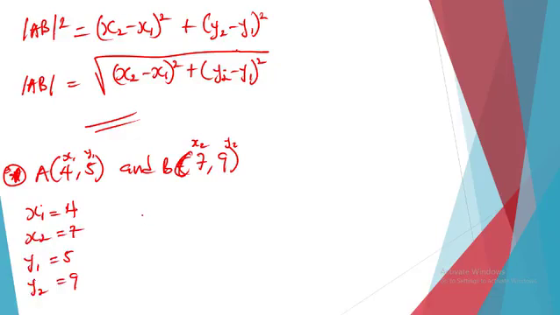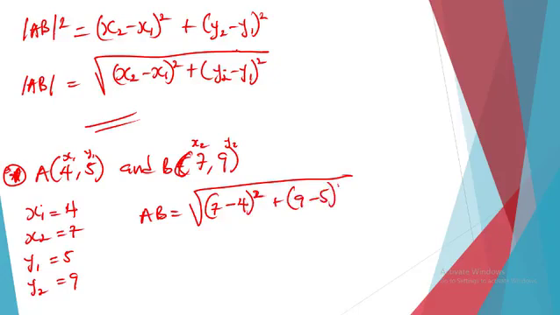So therefore line AB will then be equal to the square root of x2, which is 7, minus x1, which is 4, squared, plus y2, which is 9, minus y1, which is 5, squared. Okay, and what would that give us?